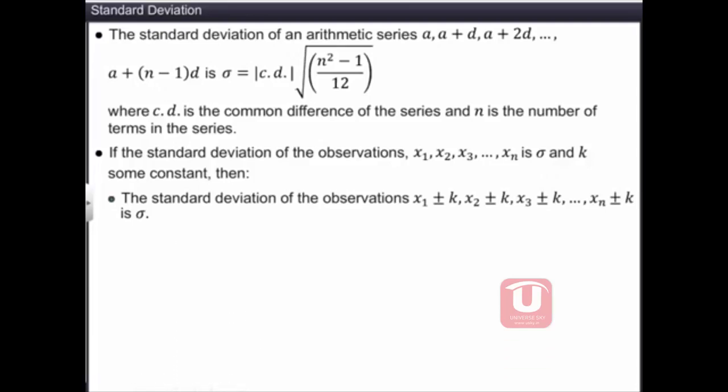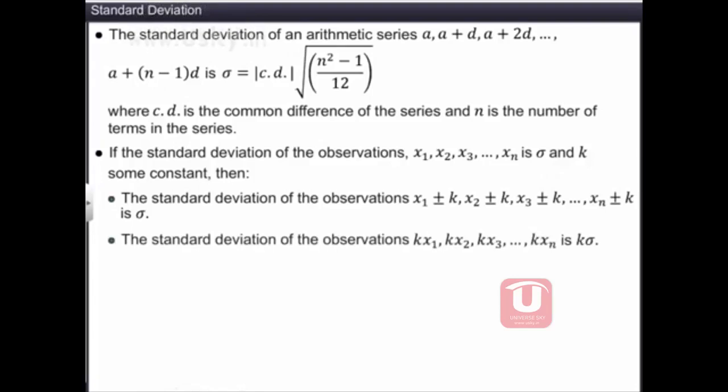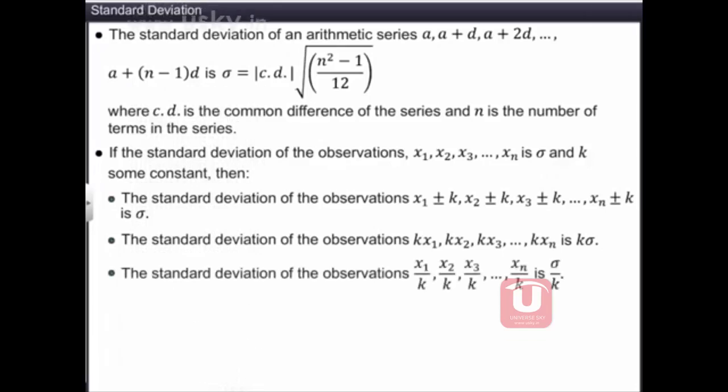If each of the observations is multiplied by a constant, then the standard deviation is also multiplied by the same constant. If each of the observations is divided by a constant, then the standard deviation is also divided by the same constant.